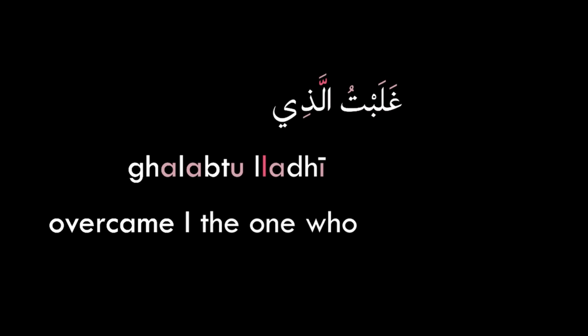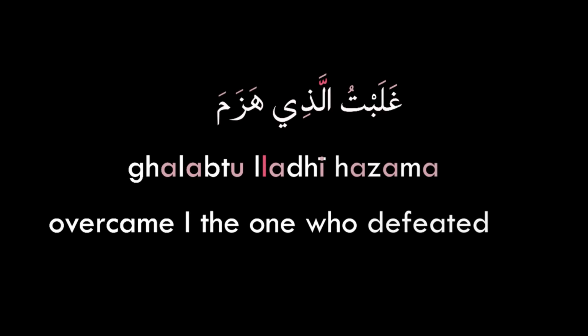As in this example, هَزَمَ is defeated, a verb in the past tense, and this ni suffixes to the verb and is an object-attached pronoun that means me. So translating it, it becomes: overcame I the one who defeated me.